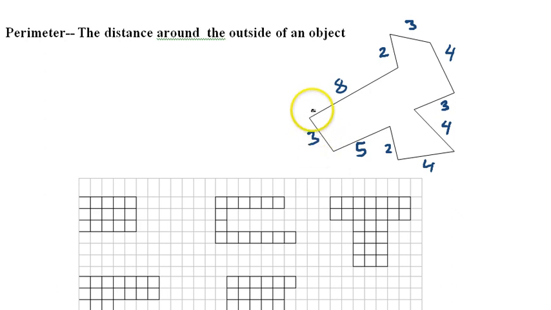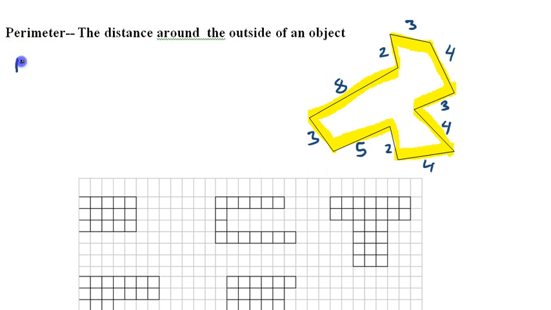So if we wanted to find the perimeter of this object, what we would have to do is travel the outside. So if we do that one, that's 8, and then 2, and then 3, and then 4, and then 3, and then 4, and then 4, and then 2, and then 5, and then 3. That whole highlighted area, that is our perimeter.